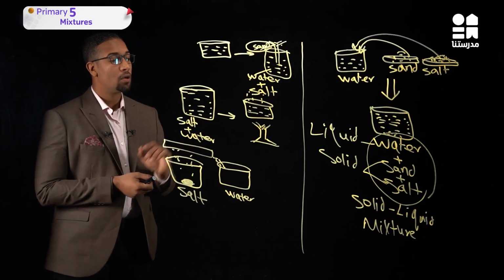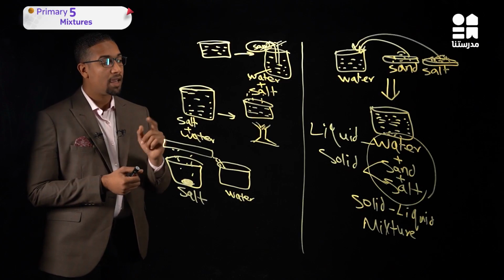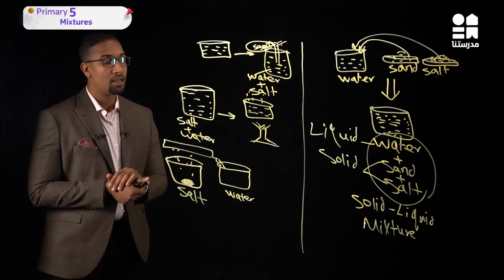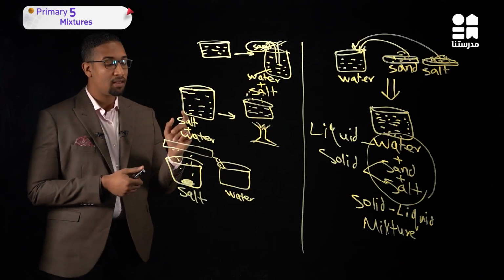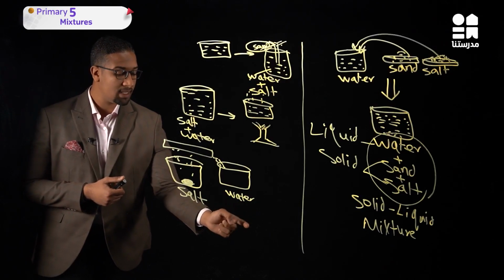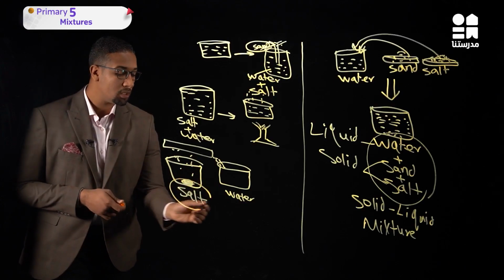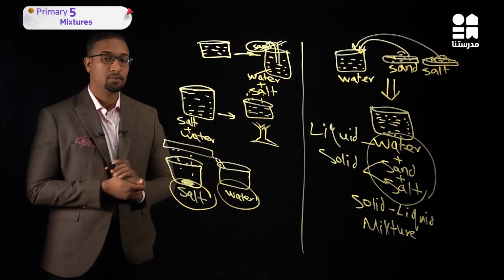After this, we have salty solution, salt plus water, and we used the flame or heat energy to separate salt from this water and receive pure water, or distilled water in this case, and salt. So now we separate them into salt, water, and sand again.